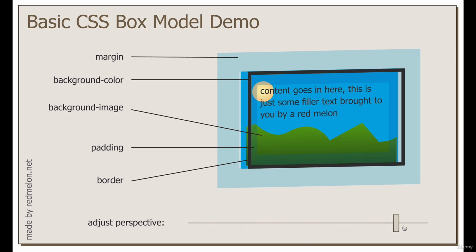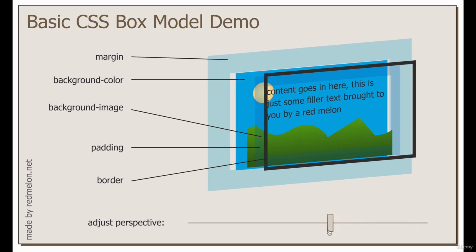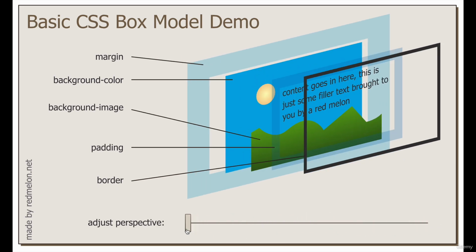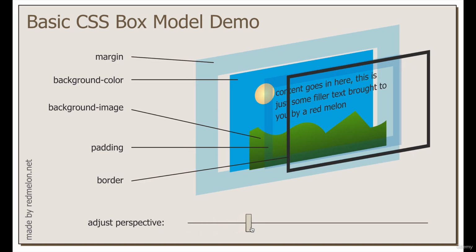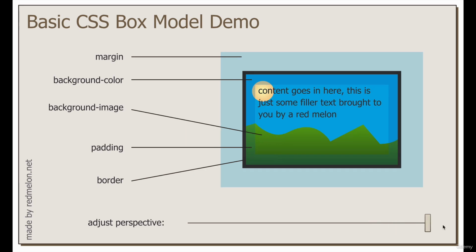So this is a neat tool to just toggle around and wrap your head around this idea of the box model, because it is a little bit weird that when you have padding, it only pads the content, but not things like the background image or the background color.